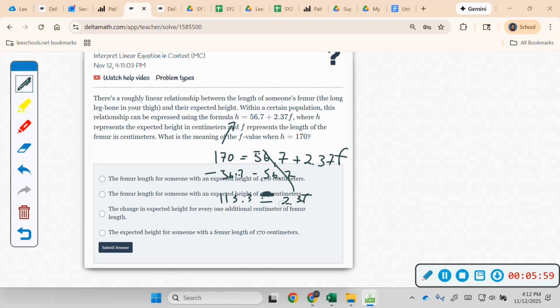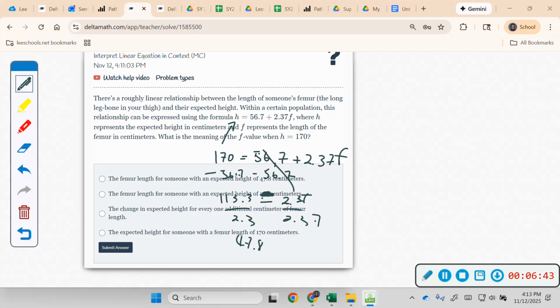Then I divide by 2.3. Oh, that looks weird. 170 minus 56.7, and then divide by 2.7, not 2.3. Okay, I did get a weird number. So I got 47.8.